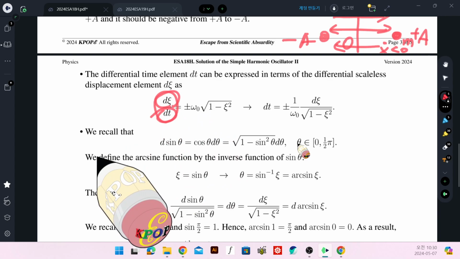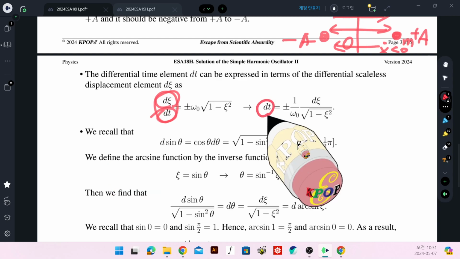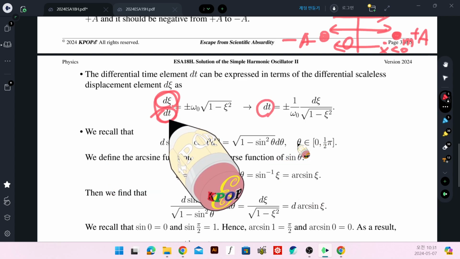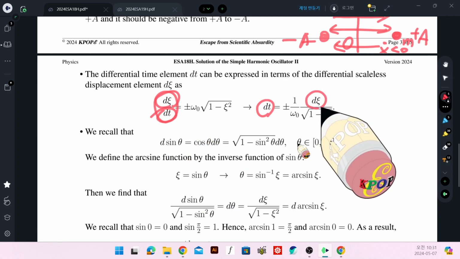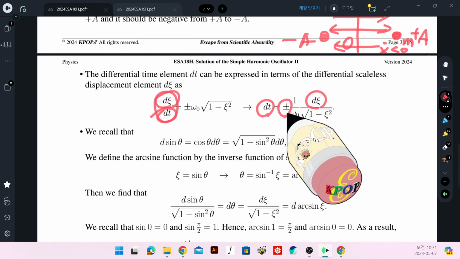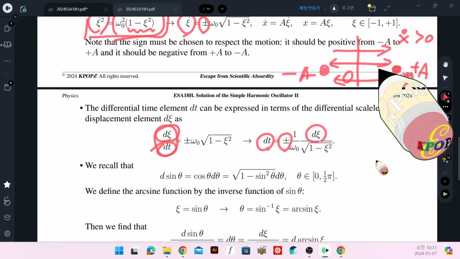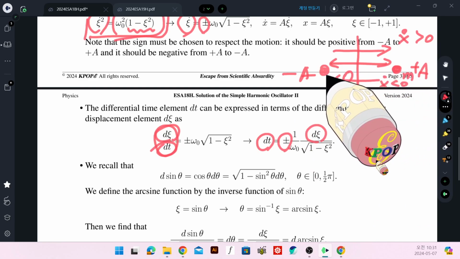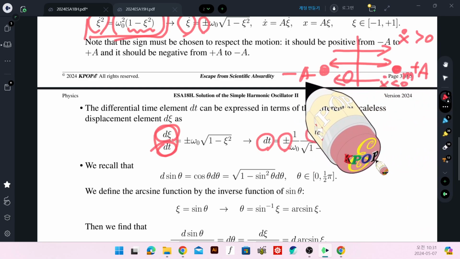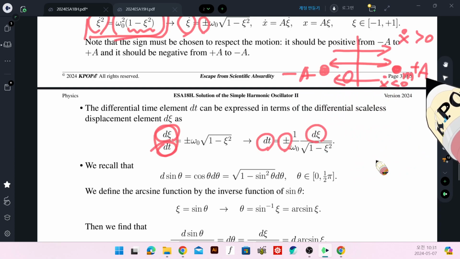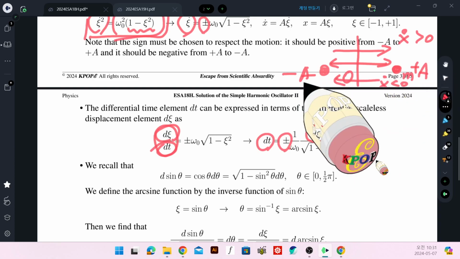Then we find the differential of time can be expressed in terms of differential of displacement, depending on the sign that can be classified based on the motion from minus a to plus a and motion from plus a to minus a.